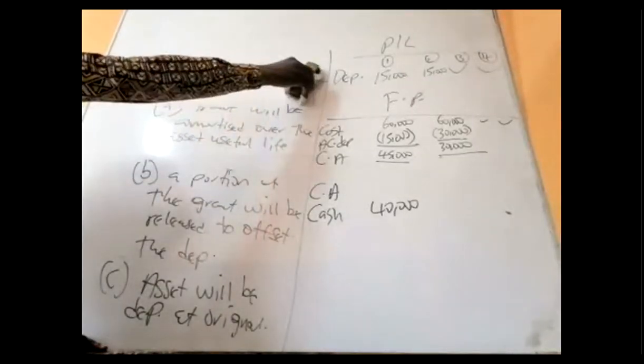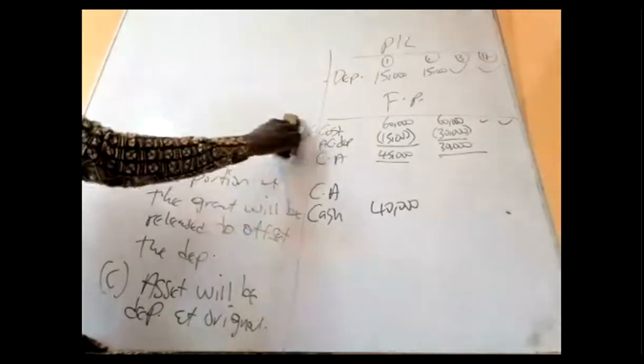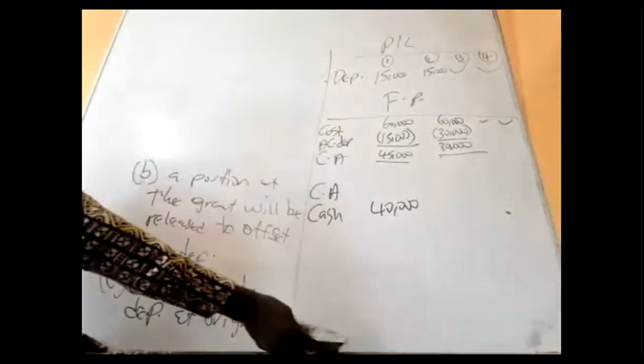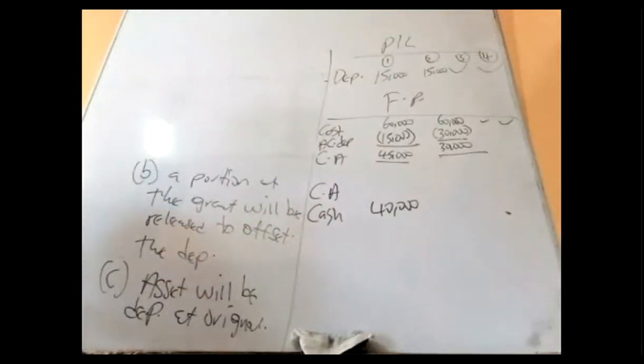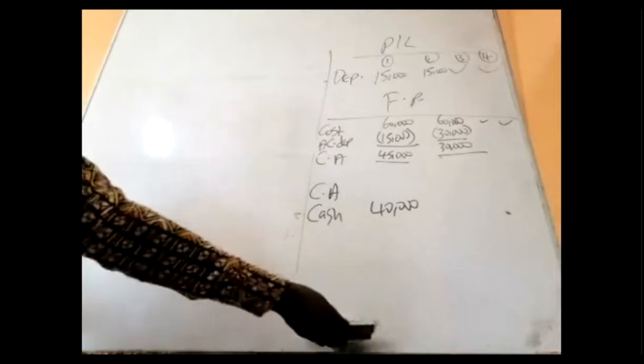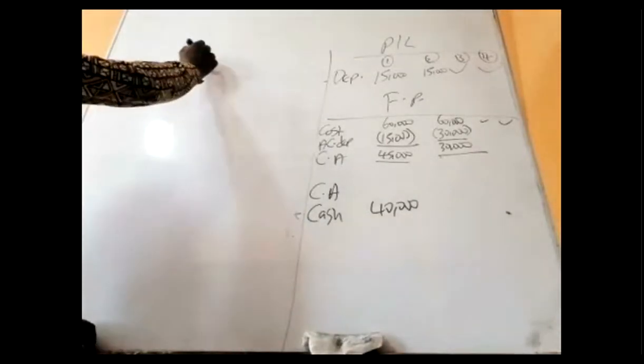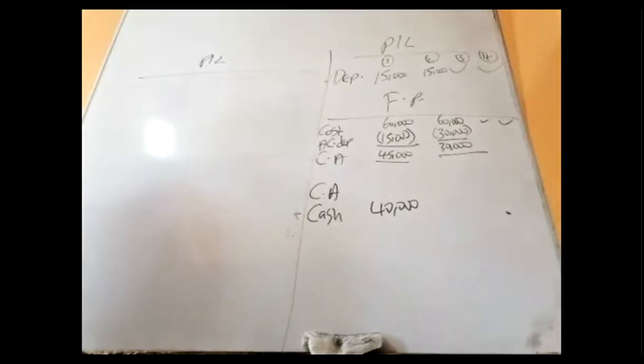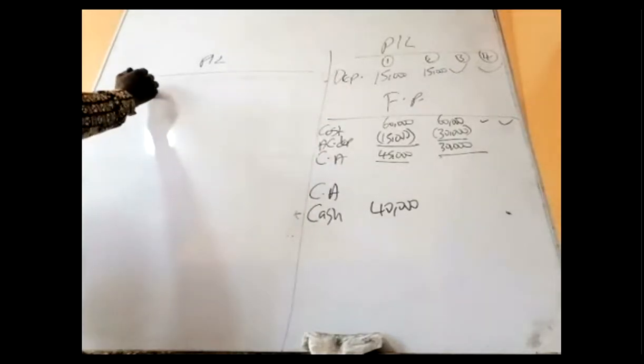So let's go to the P&L. I'll start the P&L first. Okay, so the P&L looks like this. First of all, depreciation.